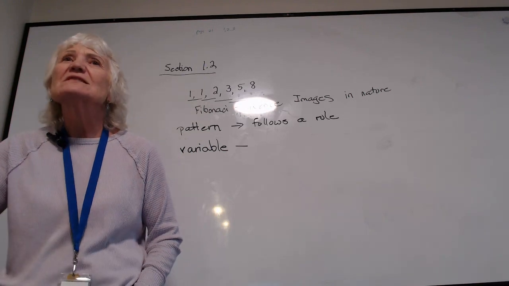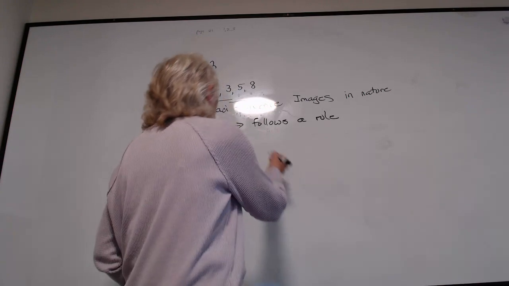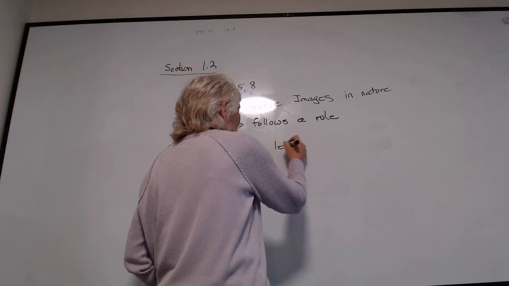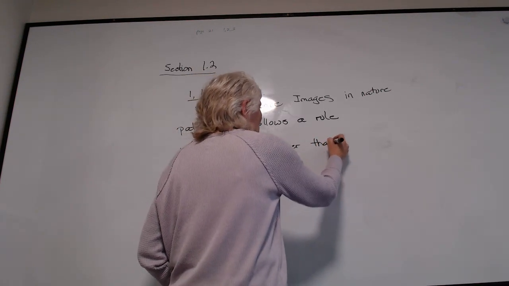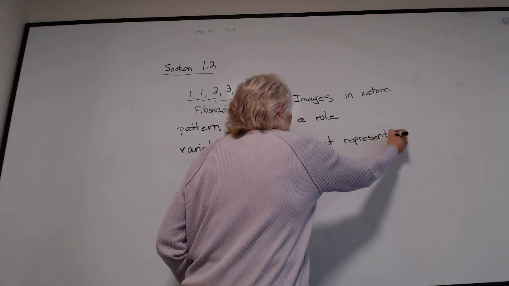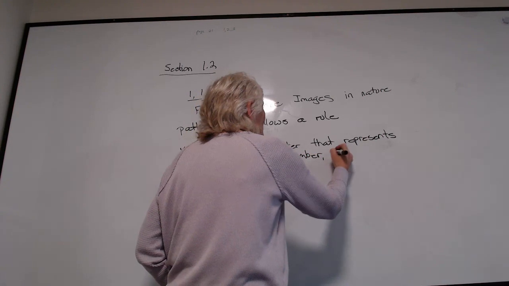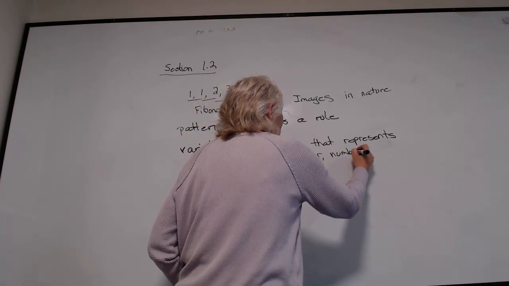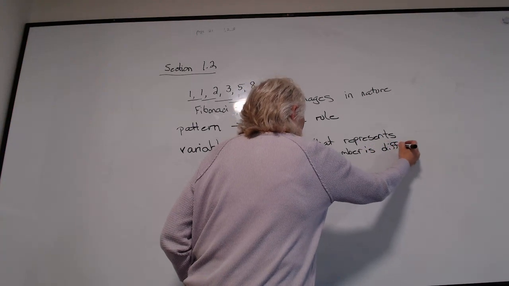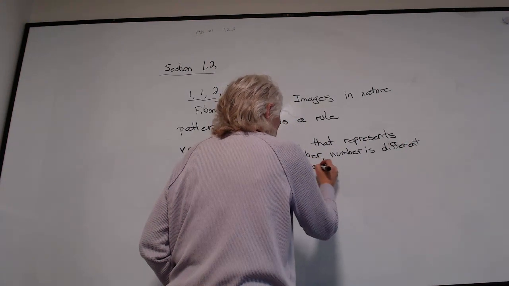So a variable is a letter that represents a number, and the number is different for each instance.